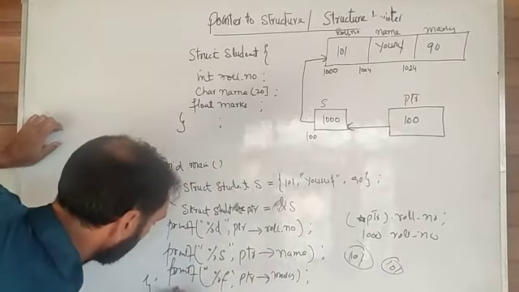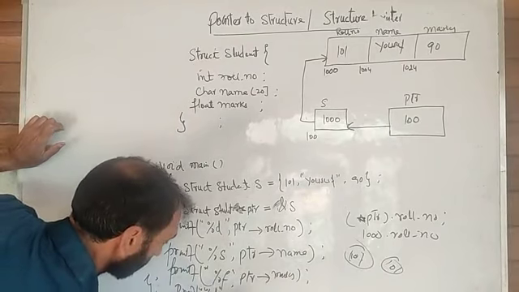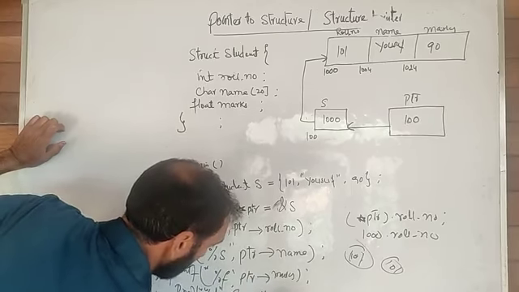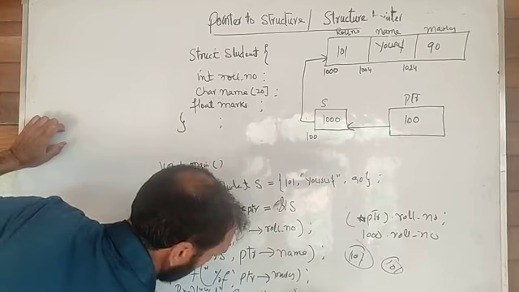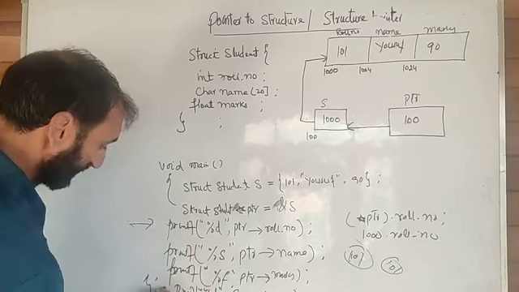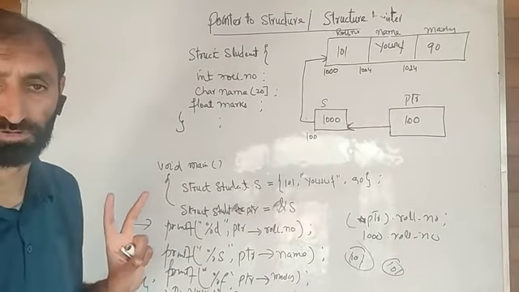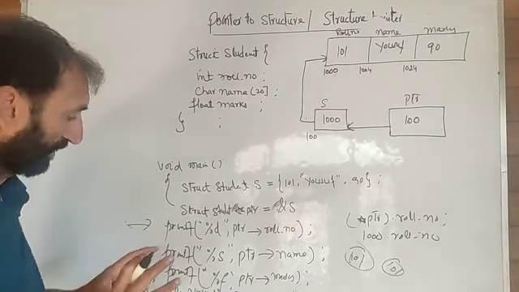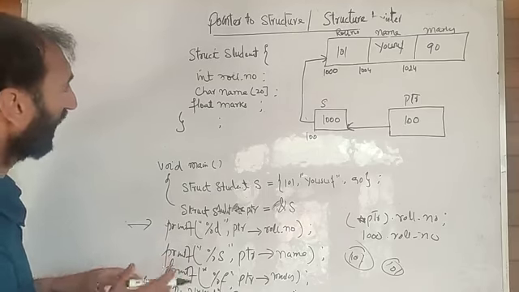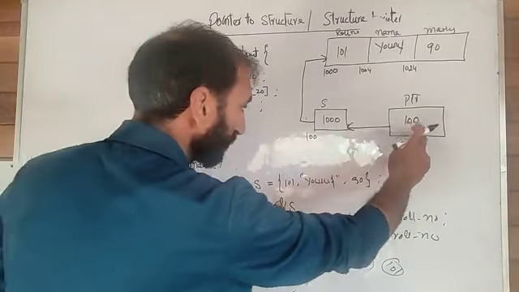For example, printf %d s dot roll number. This instruction, this instruction and this instruction will generate the same output. Now it is clear how to access the members of the structure through their pointers.